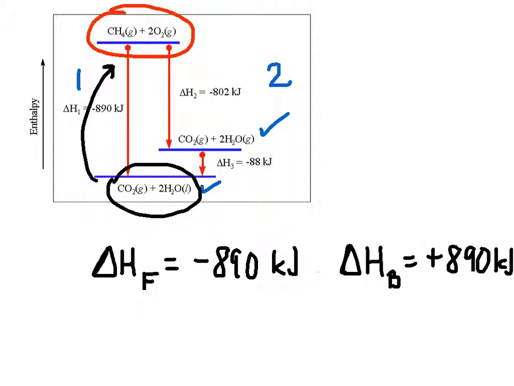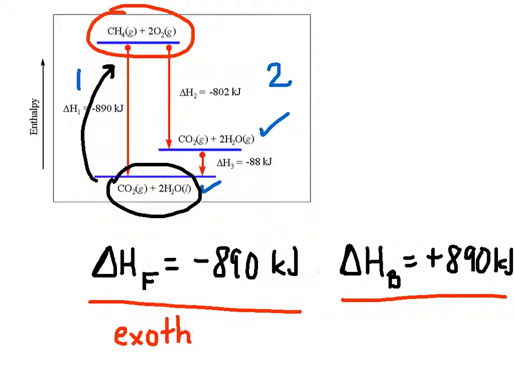In other words, if I end up releasing 890 kilojoules when I run the forward reaction, if I try to do it in reverse, then I'm going to have to absorb or take in 890 kilojoules. Another way to say it would be that if the forward reaction is exothermic, then the reverse reaction is going to be endothermic.